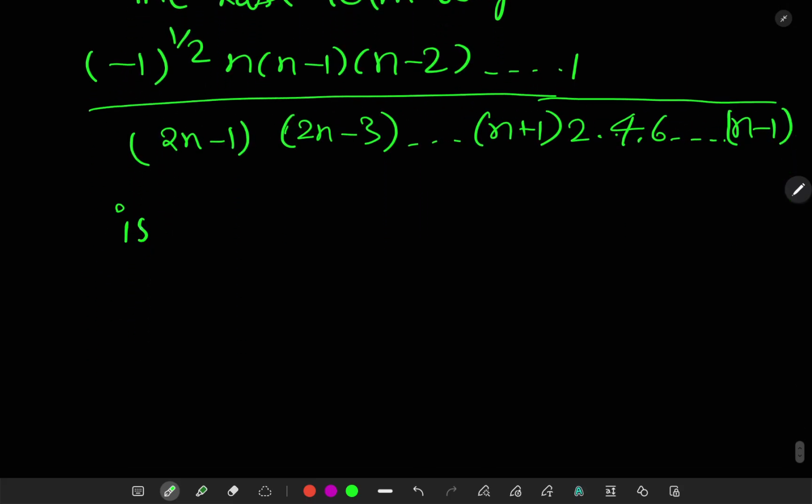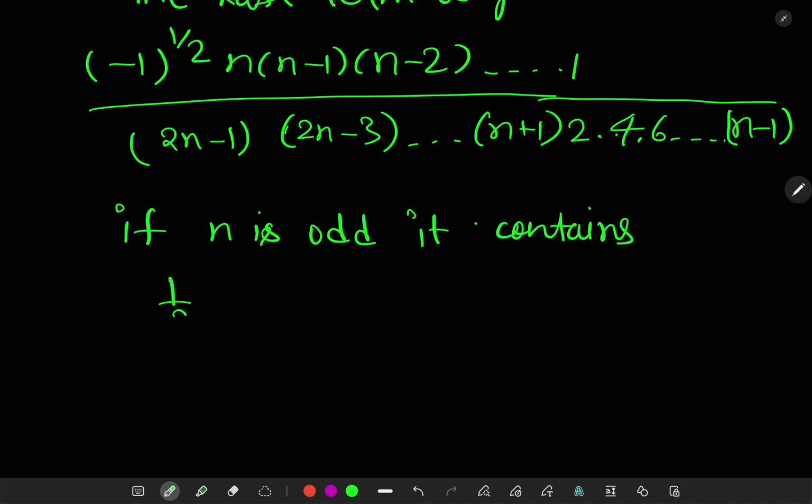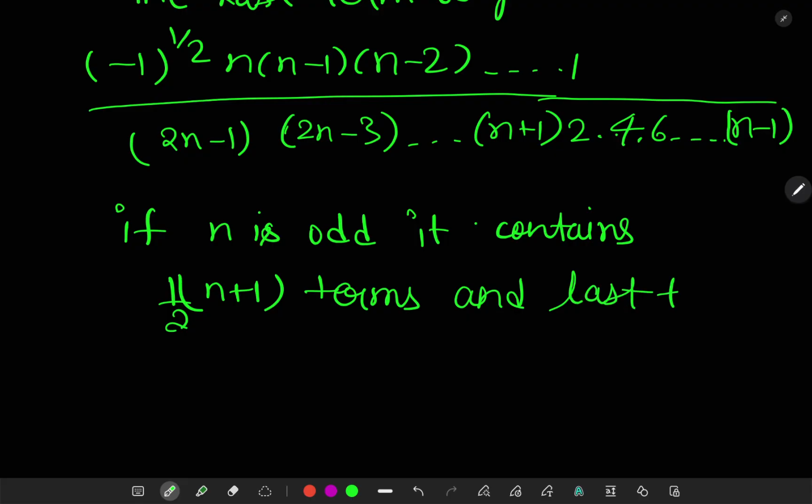If n is odd, it contains one by 2 into n plus 1 terms, and the last term becomes this.